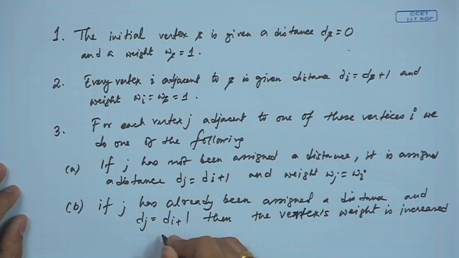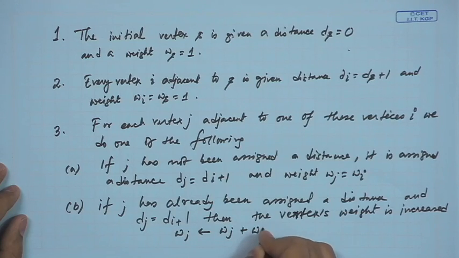This confirms that there are actually two shortest paths leading to that vertex, so we increase the weight of that vertex to whatever its weight was plus Wi.